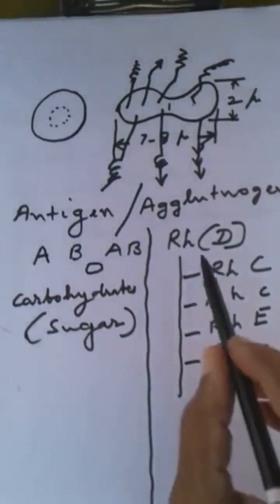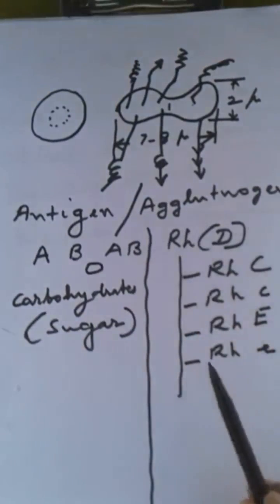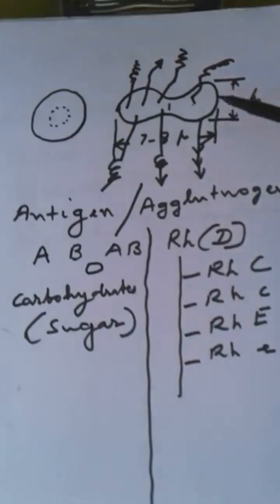This kind of secretions also contain the ABO system. Whereas RH is found only in red blood cells. Different kinds of RH. RH is not seen in any other area.